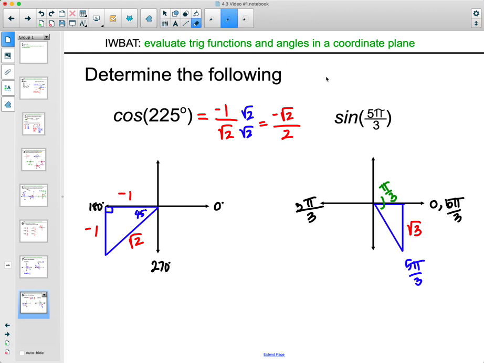I don't really have room here. Let me move this if I can. Okay, so then this would be the 1. Because this is like the 60 degree angle, across from that is square root 3. This is the 30 degree angle, which is a 1. Hypotenuse is 2. Add the negative, so this is positive 1, negative root 3. Sine is opposite, which is negative root 3, over hypotenuse, which is 2.